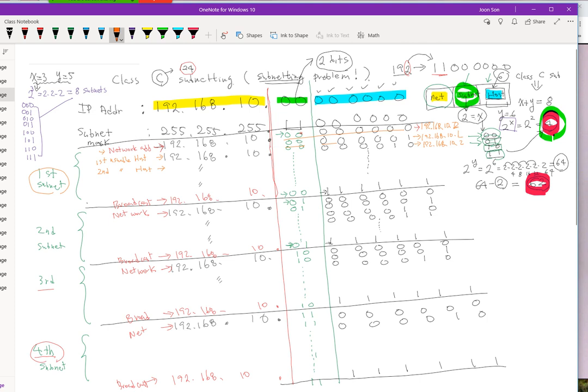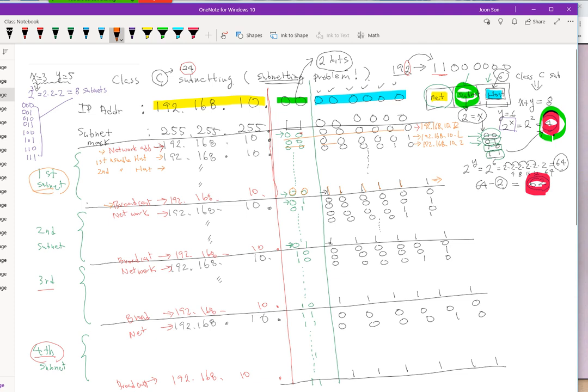Okay, now, what is the broadcast address for the first subnet? What is it? This is hard. To calculate this, you have to convert the 00111111 to a decimal number. This is when you really need to use your pencil and paper and do some work.